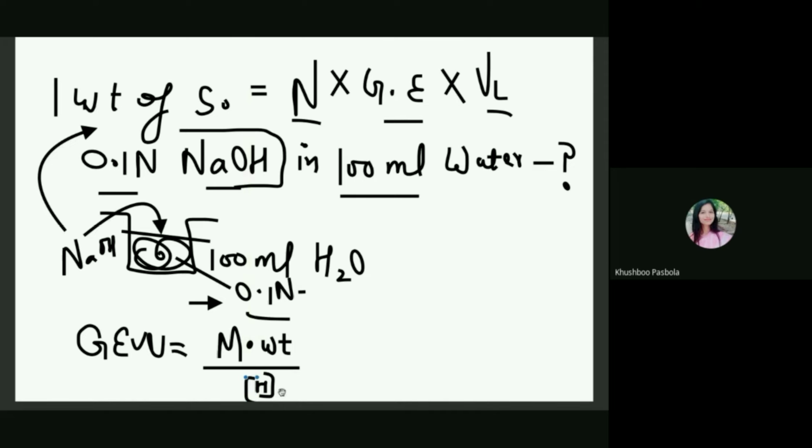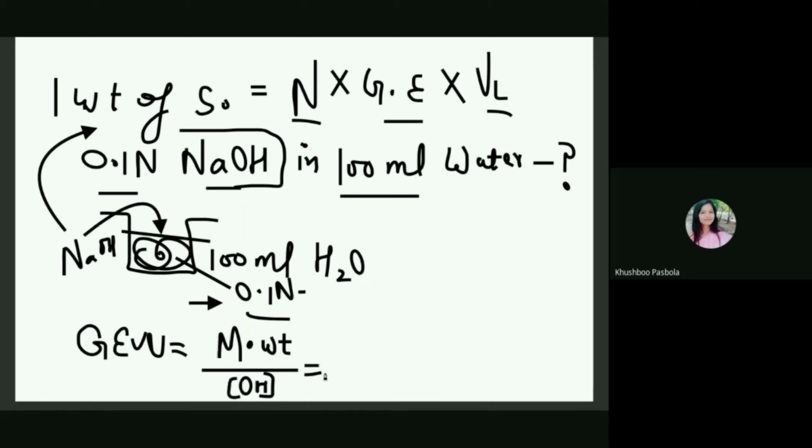If you have a base, consider the OH ion concentration. If you are going to make a solution of an acid, consider the H ion concentration to calculate this gram equivalent weight. Do you understand? Here I am making a solution of a base, so I have OH ions, not H ions. I am having hydroxy ions.